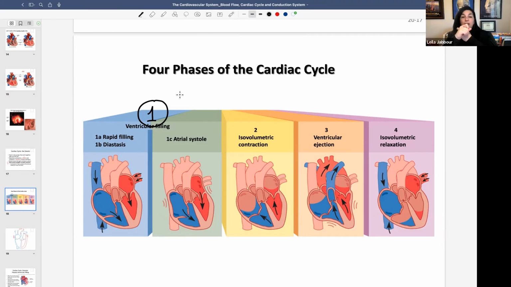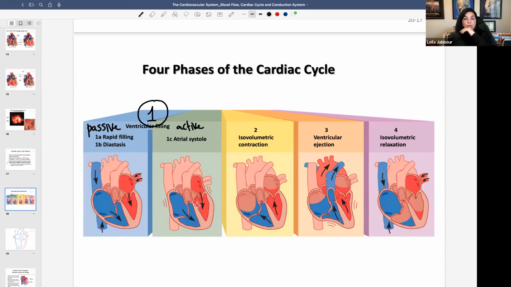And I already mentioned it starts actually with a passive filling, and it's quite fast. So that's called a rapid filling, and it's passive. This is passive. It's by gravity. And then we have active filling of the ventricles.